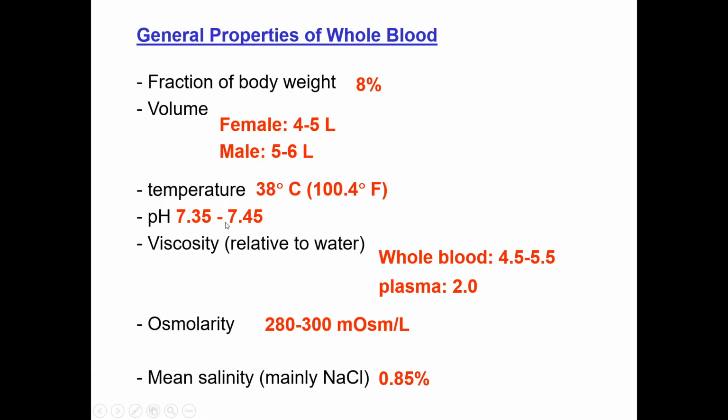Viscosity, that is, the concentration index of the blood with respect to water, is about 4.5 to 5.5, whereas plasma has a viscosity index of only up to 2. It means that plasma is comparatively thin in comparison to whole blood. Osmolarity, or the salt concentration in the blood, is 280 to 300 milliosmoles per liter, and the mean salinity, particularly with reference to sodium chloride, is 0.85%.